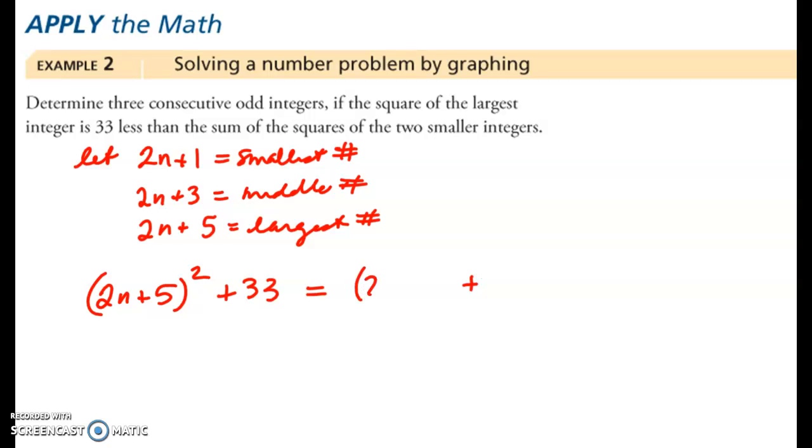Okay, so the square of the smallest integer, that's the smallest squared, plus the middle integer squared. Okay, so we've got the sum of the squares of the smaller ones equaling 33 plus the square of the large one. And that should work.